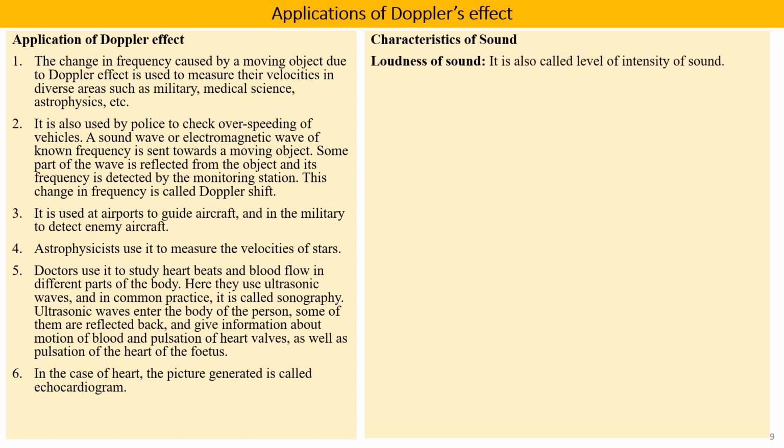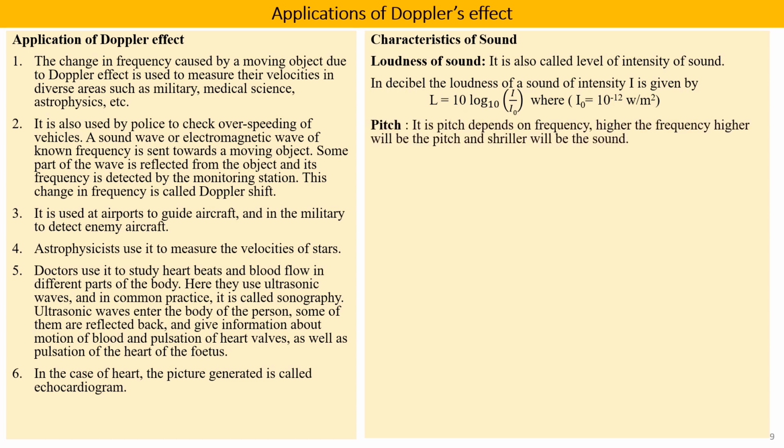Now we will study some characteristics of sound. Loudness of sound. Loudness of sound is also called level of intensity of sound, and in decibel form, for sound intensity I, the loudness is given by L equals 10 log to base 10 of I by I naught, where the value of I naught is 10 to the power of minus 12 watts per meter square.